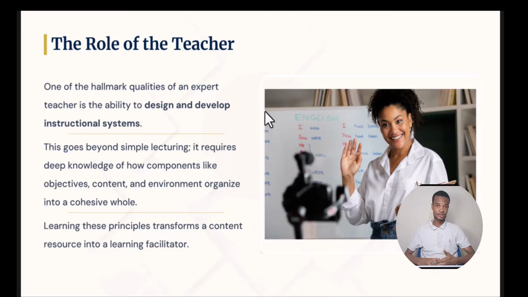So, learning these principles transforms a content resource into a learning facilitator. A teacher now goes beyond being a content resource, someone who writes lesson notes, into someone who facilitates a class, someone who facilitates a learning process, an instructional process.